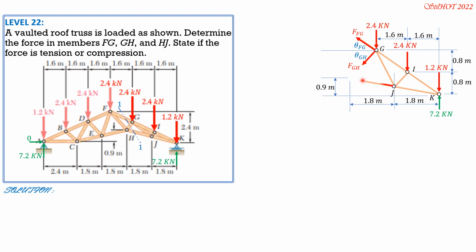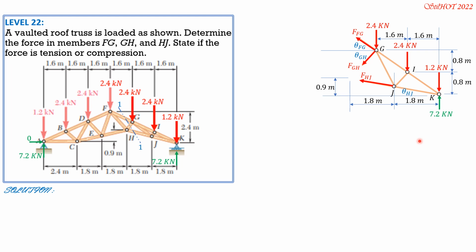And this is HJ. So all the required member forces are in this free body diagram. And the angle it makes with the horizontal, let's call it theta HJ, which is the same as this. So I'll just put it here.